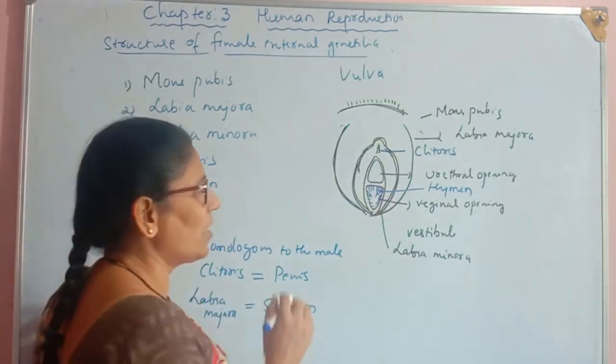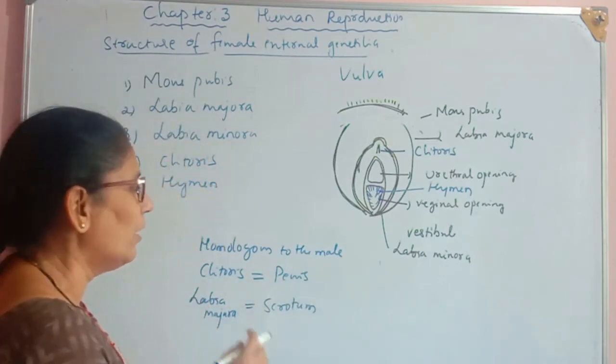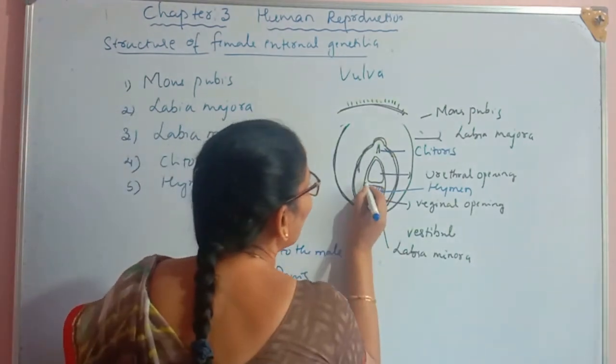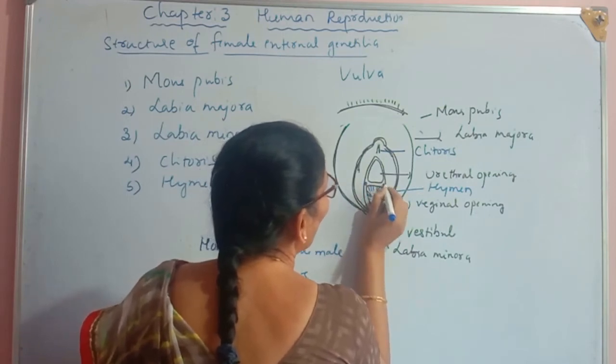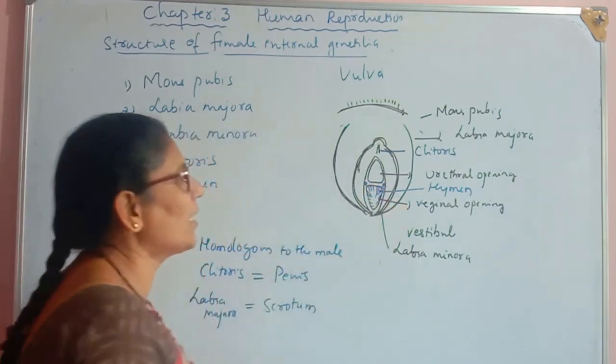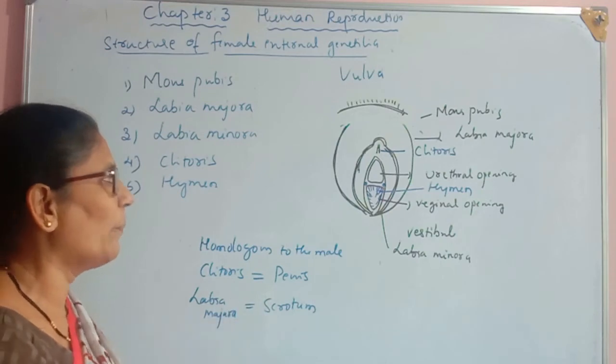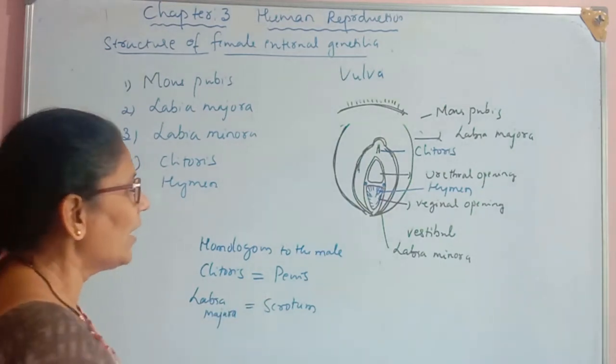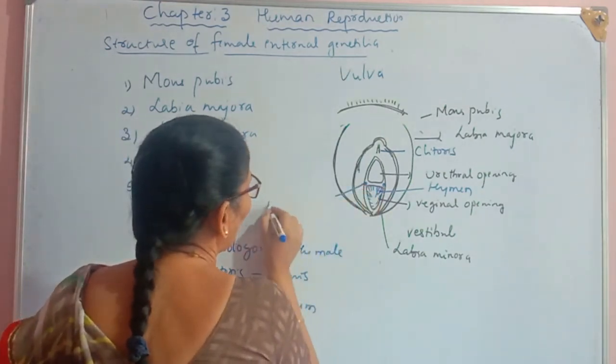One more structure which is homologous between female and male is the glands. On both sides of the vaginal opening, there are two glands. These are called the Bartholin's glands.